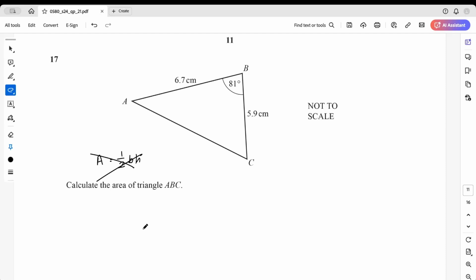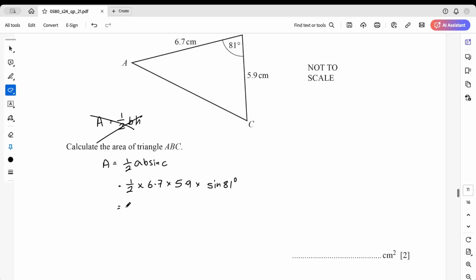Instead, we have to use the formula from trigonometry, which tells us that the area of a triangle is half AB sine C. In other words, half multiplied by the length of one side and the length of the adjacent side, the sides touching, and those two sides must have an included angle, and that's where you insert your sine C. So over here, that will be half times 6.7 times 5.9 times sine 81 degrees, which gets me an answer of 19.5 cm squared to three significant figures.